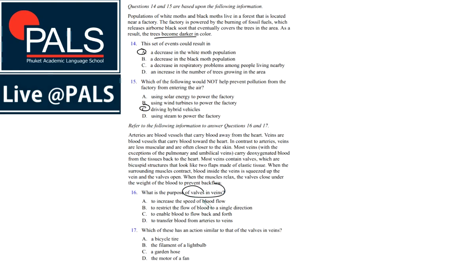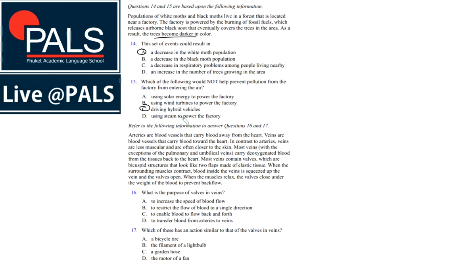What is the purpose of valves in veins? Their job is to increase the speed of blood flow, to restrict the flow of blood to a single direction, to enable blood to flow back and forth, to transfer blood from arteries to veins.